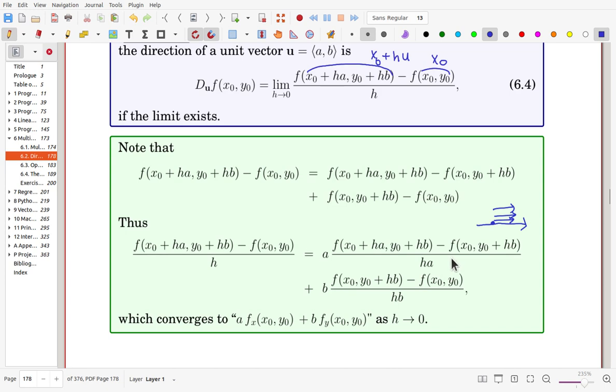For the second quotient, x is fixed at x0 and only y is perturbed, so it converges to f sub y. So this quotient converges to a f sub x plus b f sub y as h approaches 0.